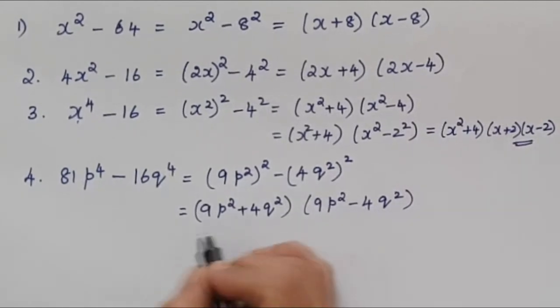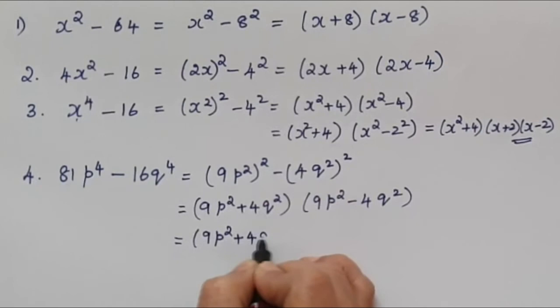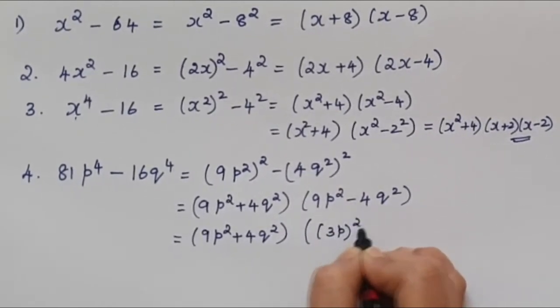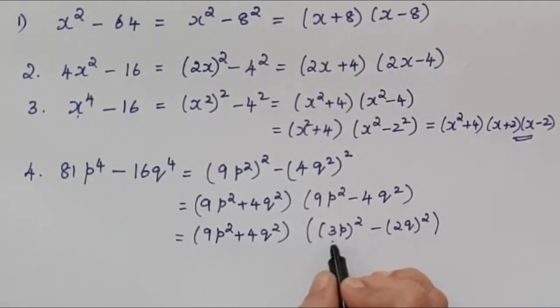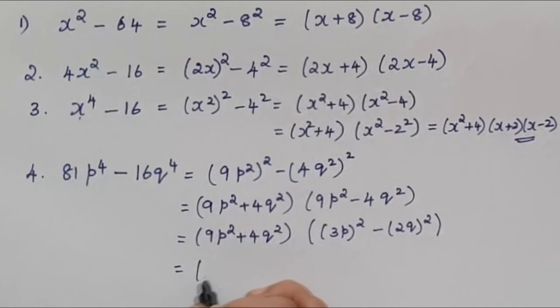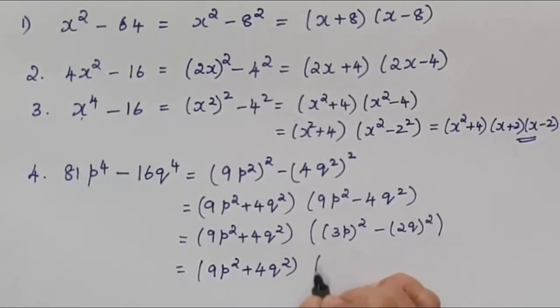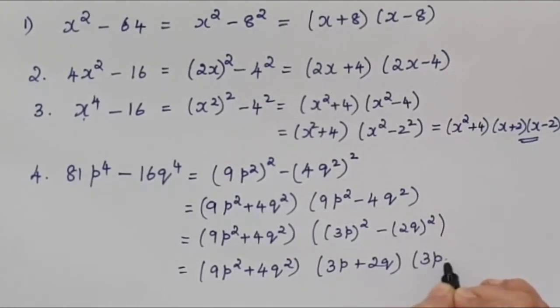This again can be written as a square number. So 9p square plus 4q square. This can be written as 3p the whole square minus 2q the whole square. Again, this is of the form a square minus b square. So 9p square plus 4q squared into 3p plus 2q into 3p minus 2q.